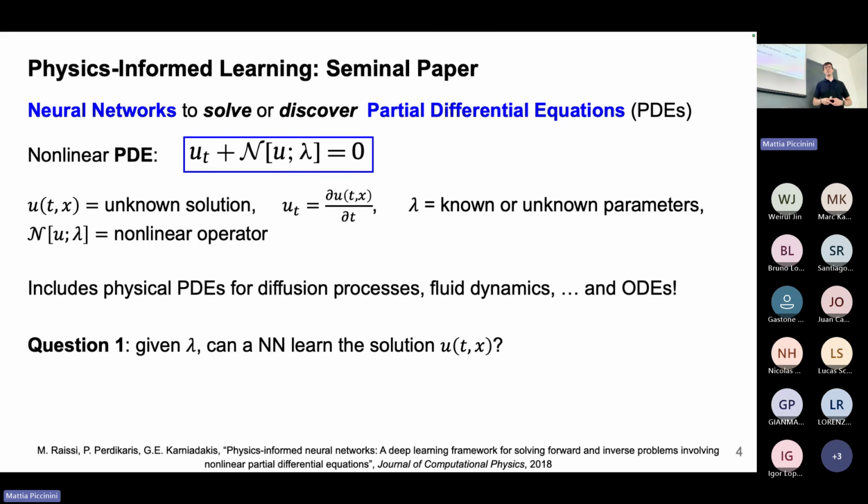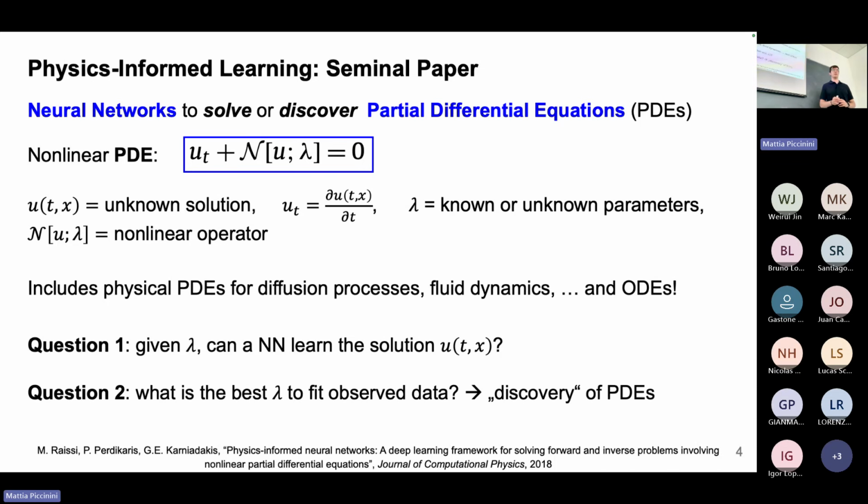Okay. And now we can have two questions. First question: given lambda, so if the neural operator is fully known, how can a neural network learn a solution U to satisfy the nonlinear PDE? So how can a neural network learn its solution given the parameters? And the second question is instead, what is the best lambda to fit our experimental data?